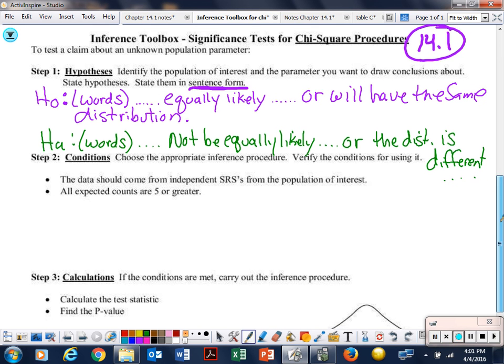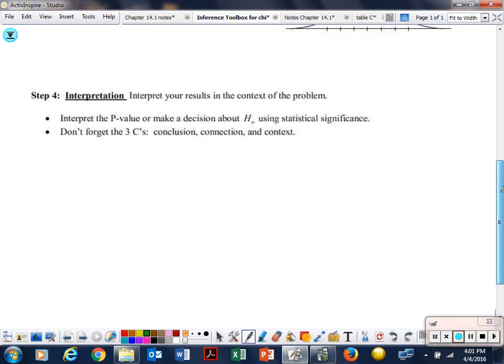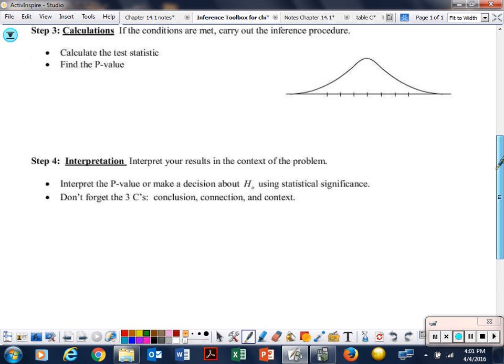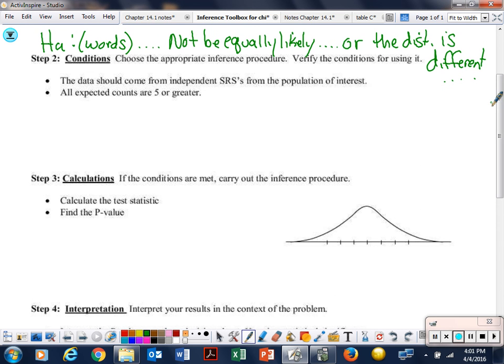All right, conditions. We just went over the conditions on the other page. Again, we want it to be an SRS. Here it says all expected counts are 5 or greater. That's what we're hoping for.